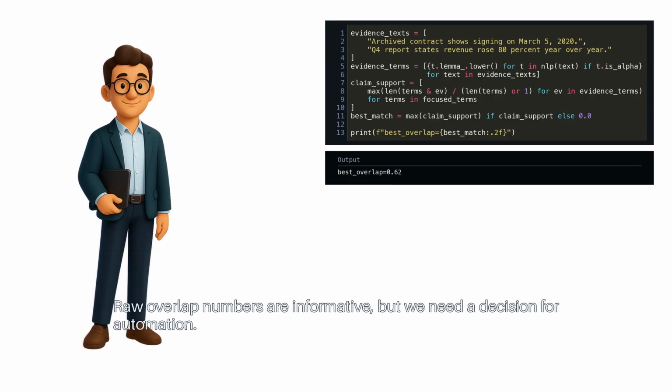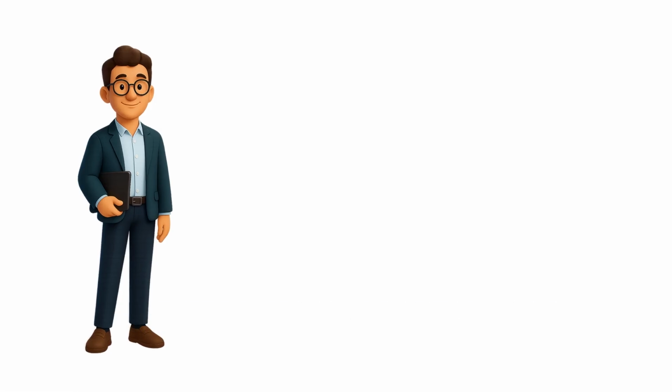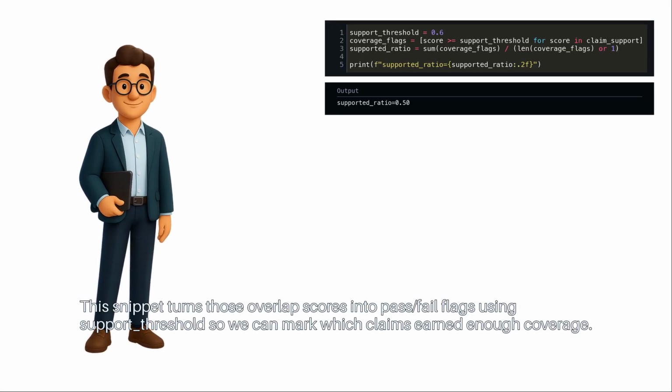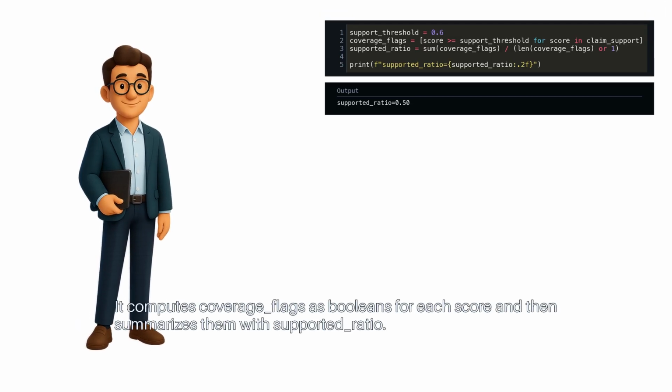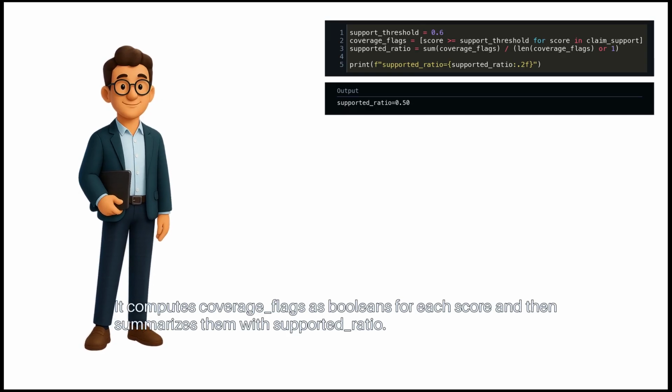Raw overlap numbers are informative, but we need a decision for automation. This snippet turns those overlap scores into pass-fail flags using support threshold, so we can mark which claims earned enough coverage. It computes coverage flags as booleans for each score, and then summarizes them with supported ratio.